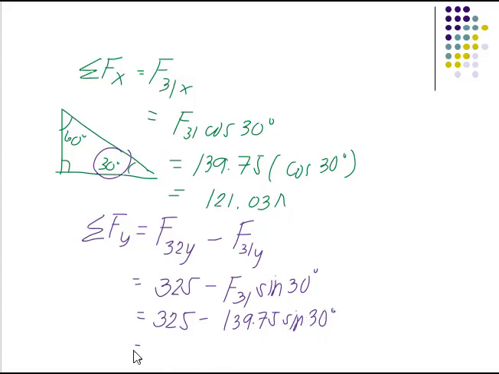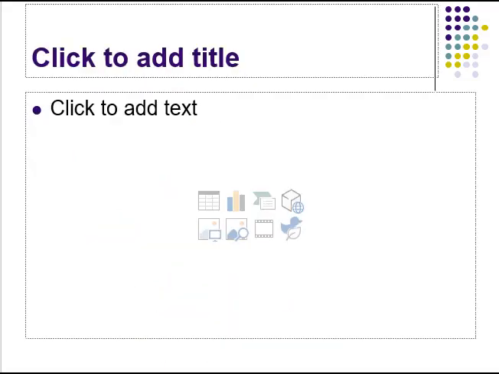Calculating this, 325 minus 139.75 times sine 30 will give us a value of 255.13 newtons. So that is now our summation of forces along y component. But since we are after the net force, we have to get the final force and also the angle in which the net force is exerted.